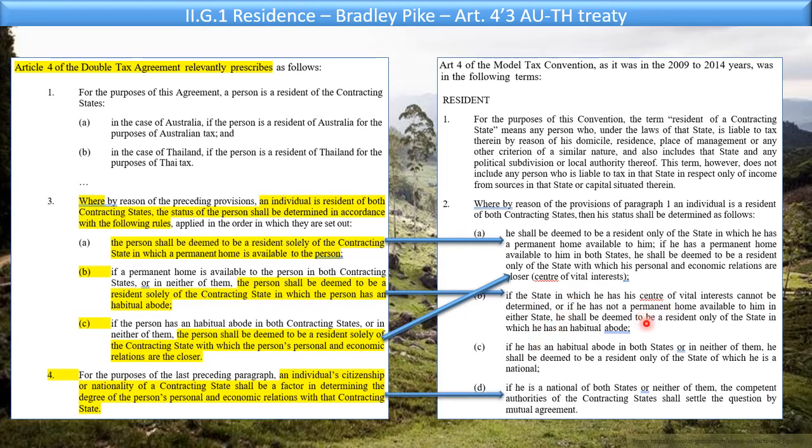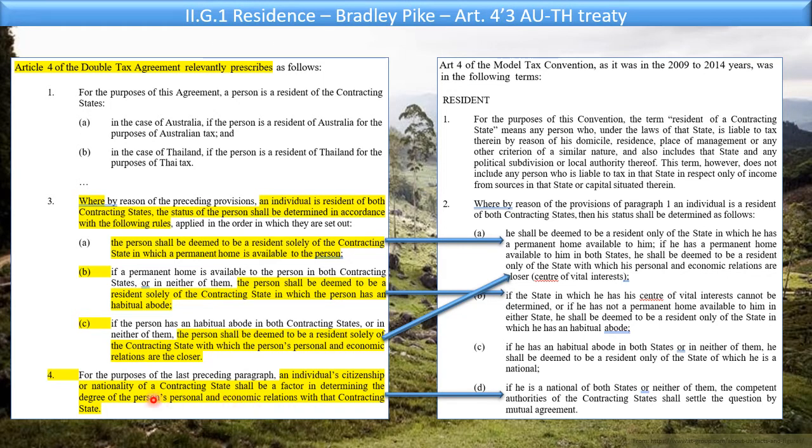And when we talk about paragraph C in the OECD, it talks about being a national. And for Australia, a national you don't find in paragraph 3, but you find that in paragraph 4. It says, for the purpose of the last preceding paragraph, an individual's citizenship or nationality of a contracting state shall be a factor in determining the degree of the person's personal and economic relations with that contracting state.